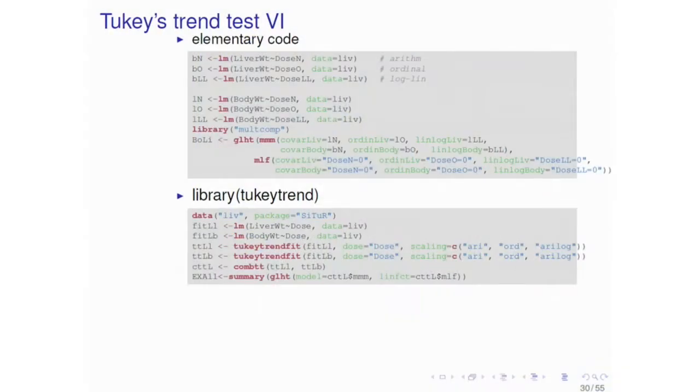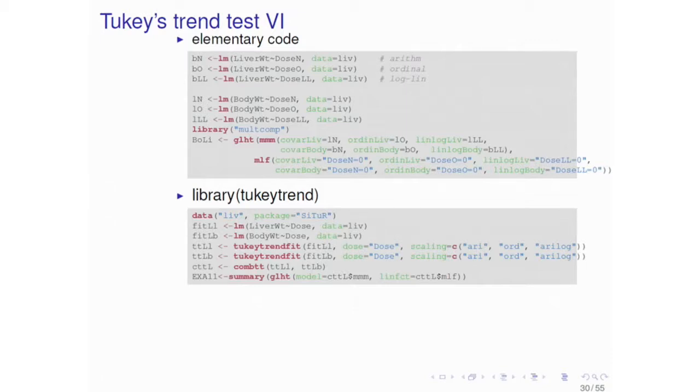We have really 6 marginal models, and it's your job to formulate the 6 marginal models, and the job of our approach is to estimate the variance covariance matrix and, following from that, for the 6 slope-equals-0 tests the confidence intervals or p-values. Here you have the 2 marginal models, one for liver weight, one for body weight, and then you have a function CK trend fit. You plug in this object, and then you can choose the scaling.